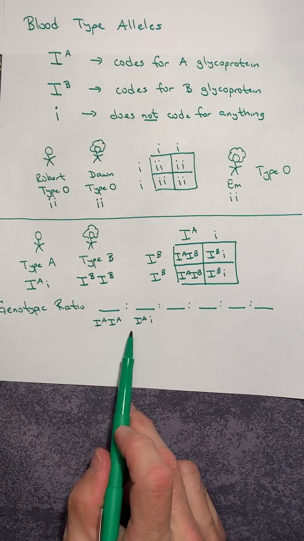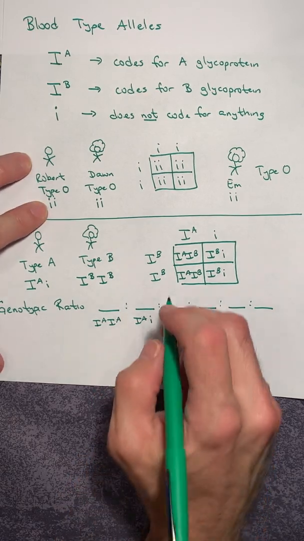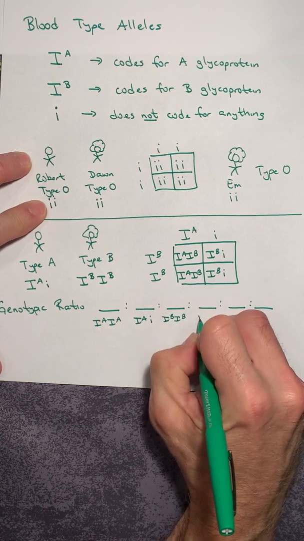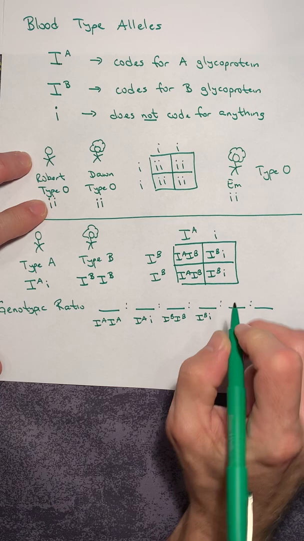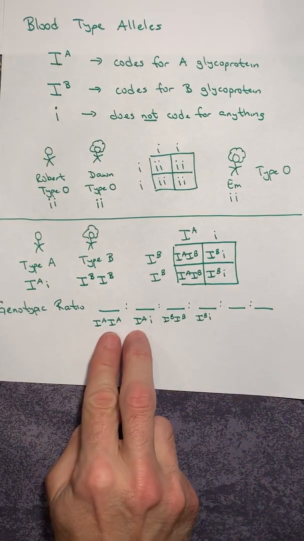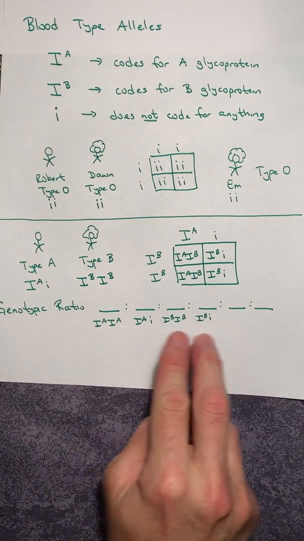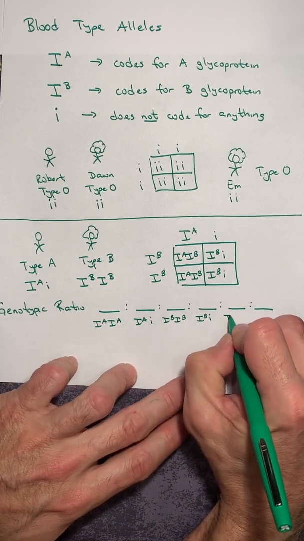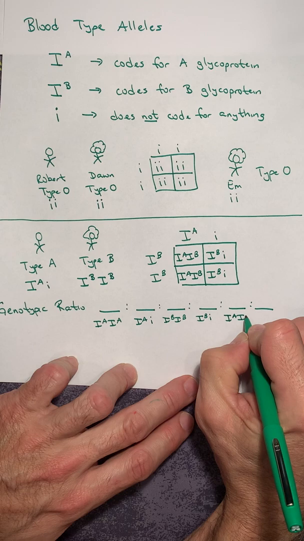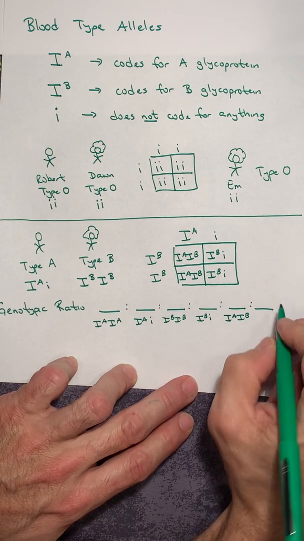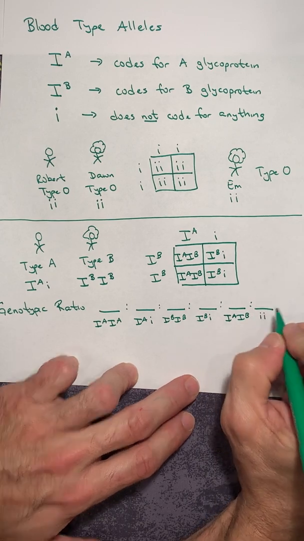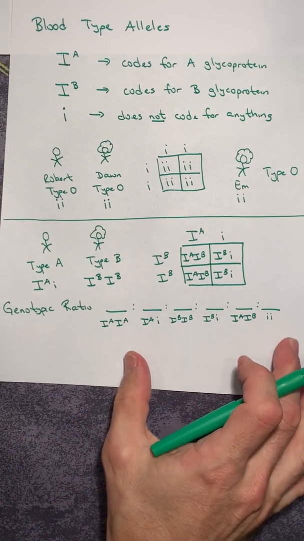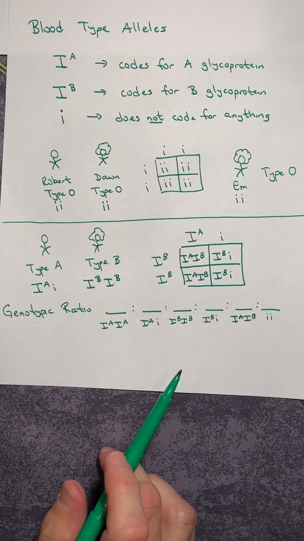So if the A's come first, then the B's come second. IB, little i. So see this as your A's and then your B's. And then you would have your ABs, and then hanging out on the end are your little i's.